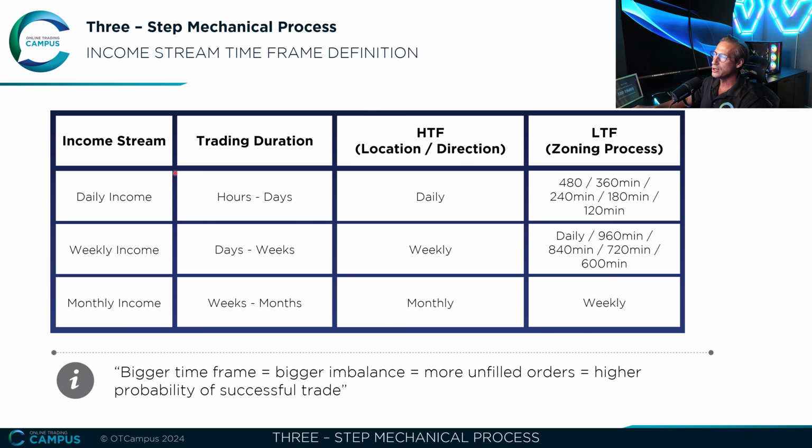And the lower you go, and that's why I didn't even cover high frequency trading or scalping, however you want to call it, because here it would be the lowest time frame, the lowest imbalance, the lowest amount of unfilled orders, the lowest probability of a successful trade. So that's why I spend most of my time in this area: weekly and monthly income, which is basically swing trading.